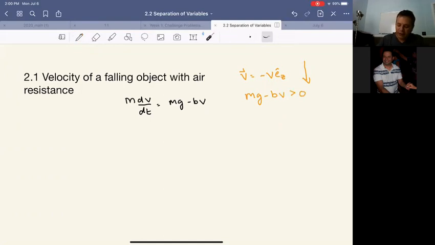So what are these terms? mg is your force due to gravity. And this term is your air resistance term.